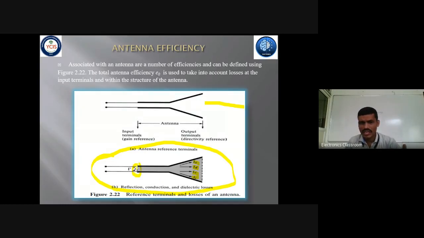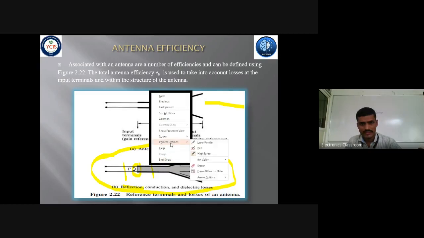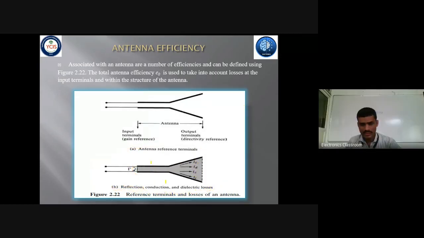This is known as reflection loss. Got it? First loss, that is reflection loss. Reflection loss is due to the mismatch of the transmission line and the antenna. Is that clear?